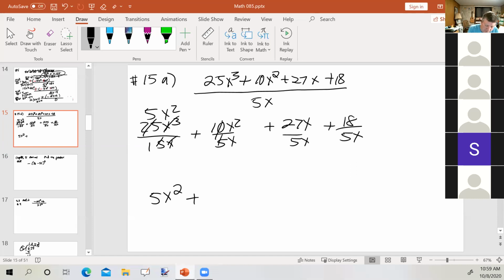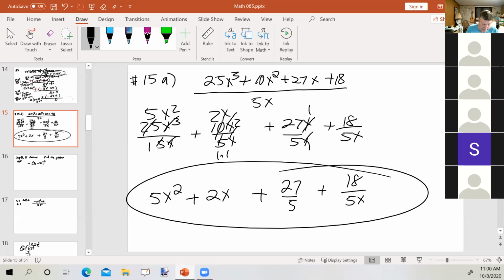Plus 10 over 5 is 2 over 1. X squared over x is x over 1, so plus 2x over 1, or just plus 2x. Plus 27 over 5 doesn't reduce, but x over x reduces to 1 over 1, so I've got 27/5. And as the one we did similar to this earlier, that last term, nothing reduces. So there's our final answer.